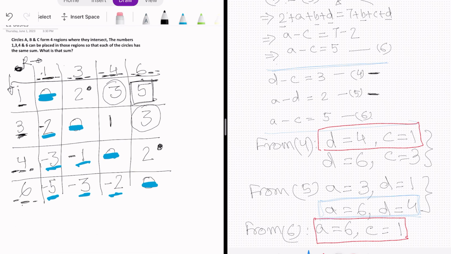So I can safely say that from the equations and the calculations, A is equal to 6, B, I'm still to find out, C is equal to 1, and D is equal to 4. There are no other options. It can't be any other way.